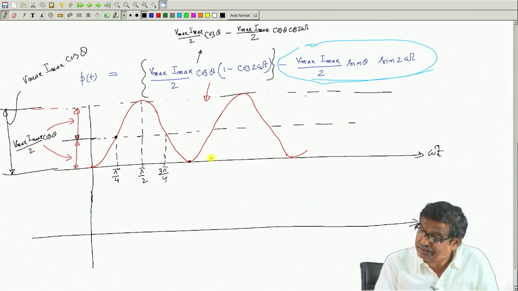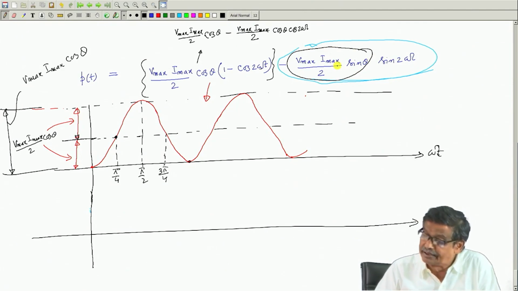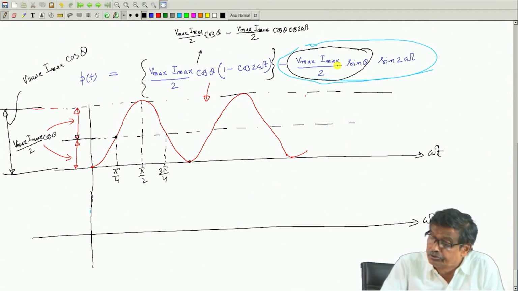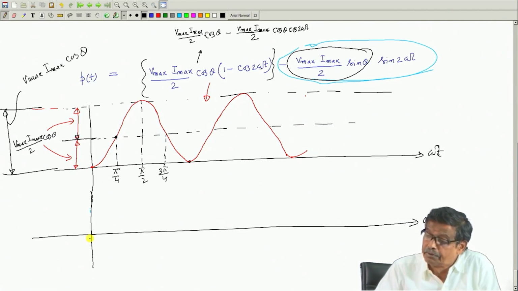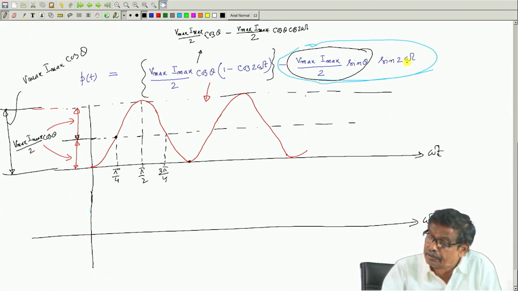Now, I have to sketch this one. This you see, it has got a peak value and sin 2 omega t. So, it will have both plus and minus excursion. So, I will also sketch the second term, and its value is V max I max by 2 sin theta. Now, the question is, if it is pi by 4 at this point, it will have peak value, is it not?